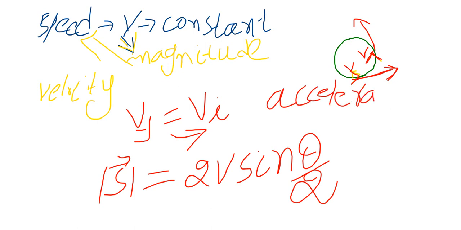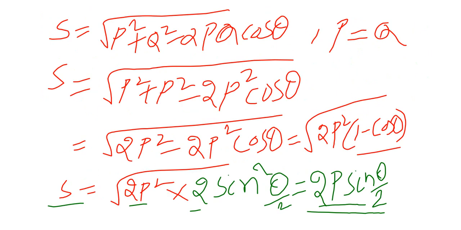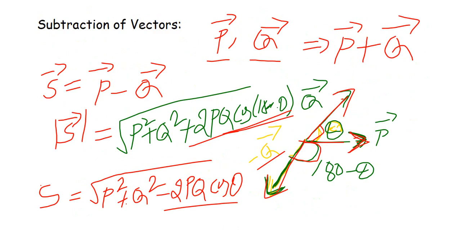Till now we discussed subtraction of vectors. How can you subtract two vectors? Two vectors are given to you. You can subtract like this. So what is the magnitude of this vector? The magnitude is root over p square plus q square minus 2pq cos theta, when these two vectors are making some angle with each other.